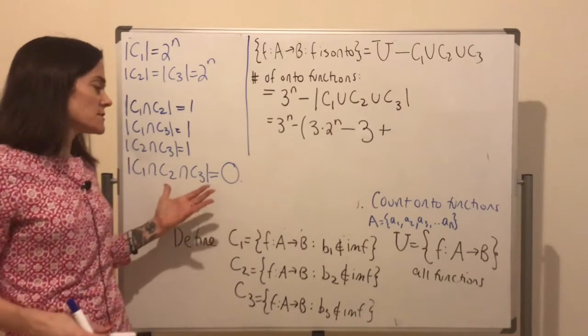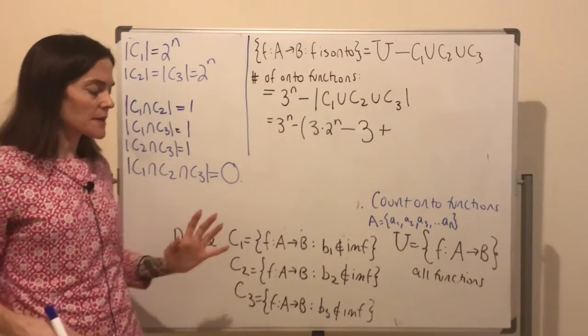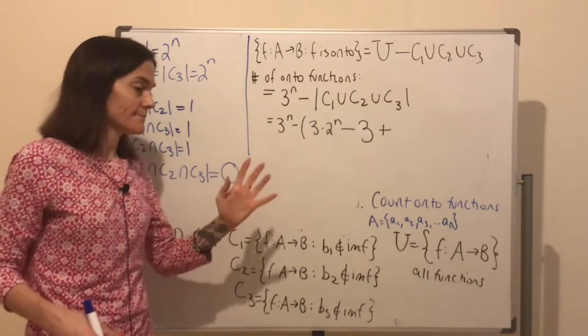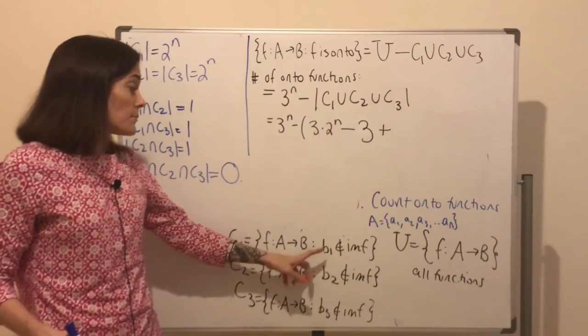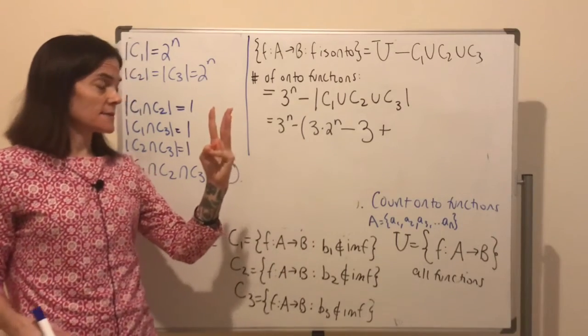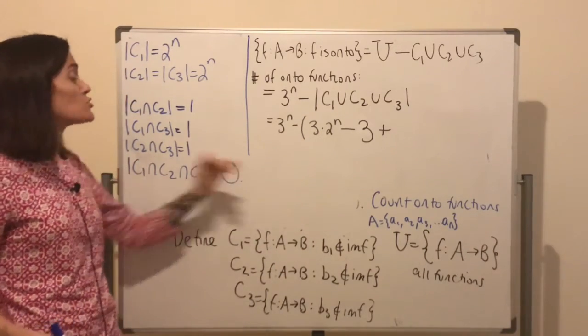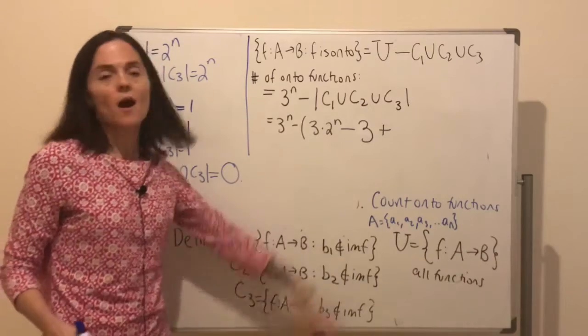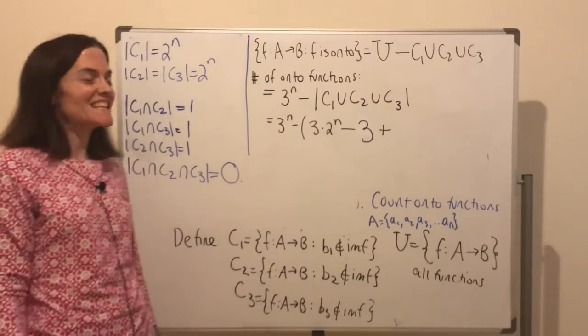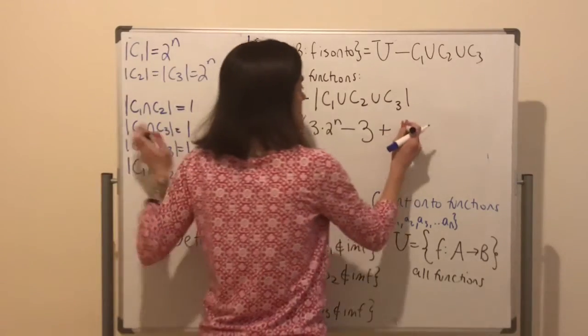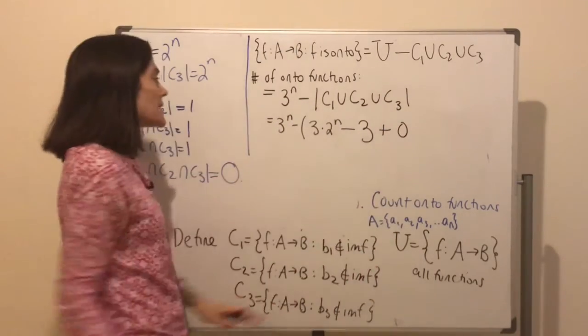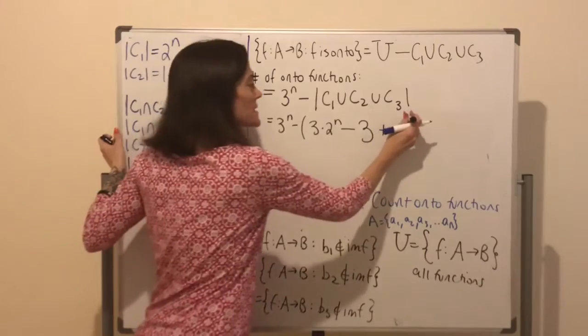I'm trying to even think what that would say about the second coordinates. It just doesn't happen, right? B has 3 things. There is no function that avoids all 3 of them in the image. That just does not happen. This cardinality is 0. So this, when we add back in, this is why I'll put a parentheses.